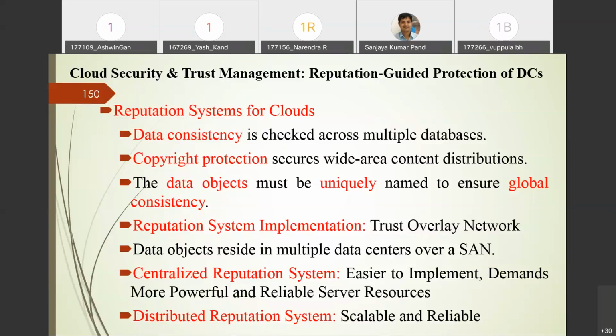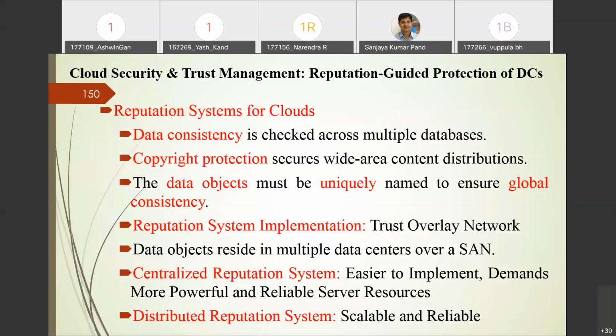So copyright protection secures wide-area content distribution. If you are providing the copyright, then what happens? One person cannot misuse it, right? Like in a research paper, whenever the paper is accepted, we sign a copyright form, right?